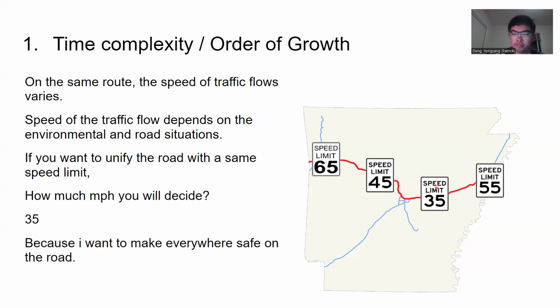So if you want to unify the speed limit for the whole road, or if I want to run at a constant speed, like running on cruise control, you will not set your speed higher than 35, because if you do, you have to change speed at this part.